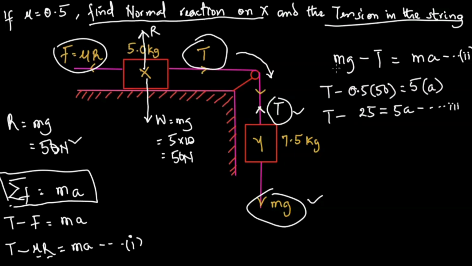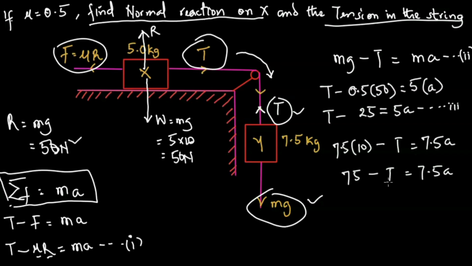And then here mg, where m is 7.5, dealing with block Y: 7.5 multiplied by g, which is 10, minus T equals 7.5 times a. So 7.5 times 10 is 75, minus T equals 7.5a.